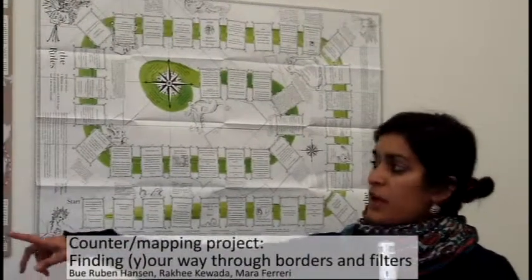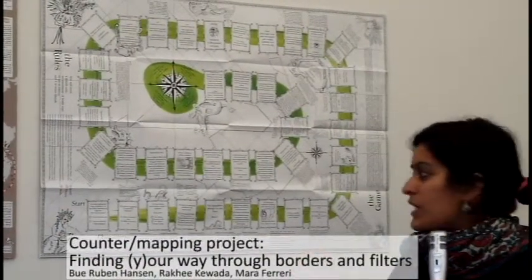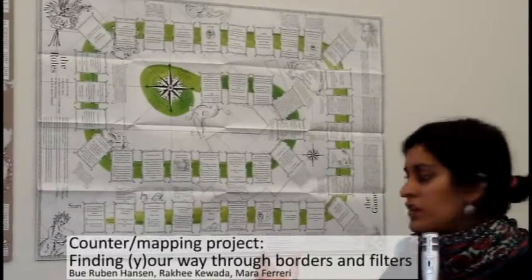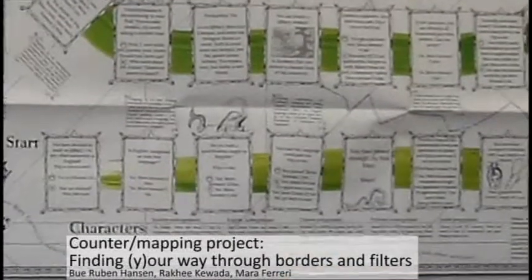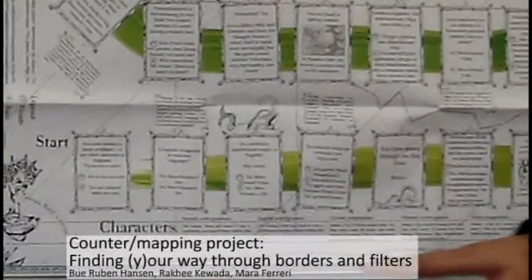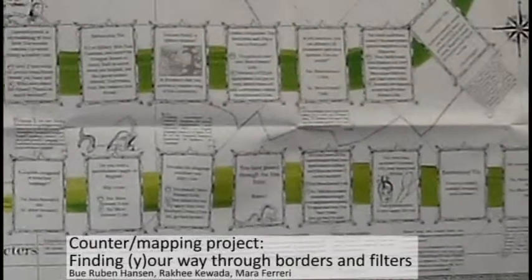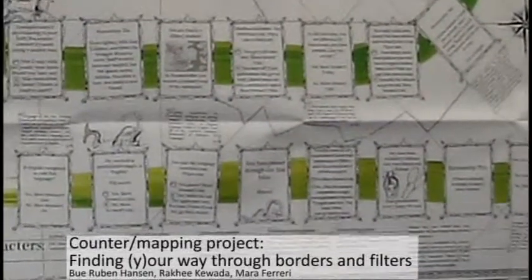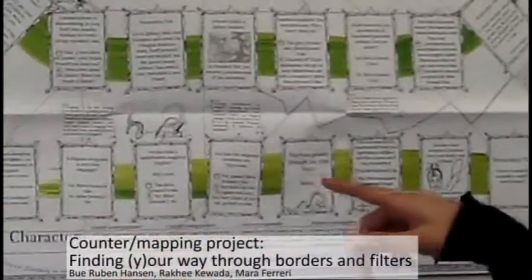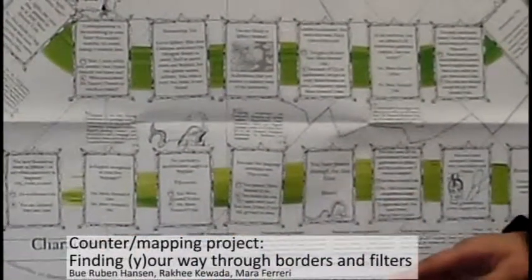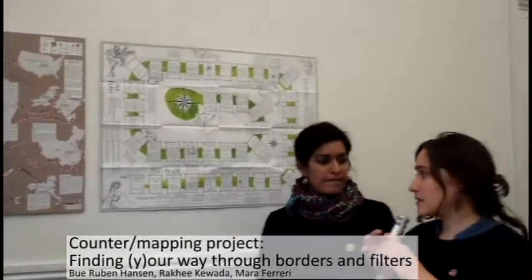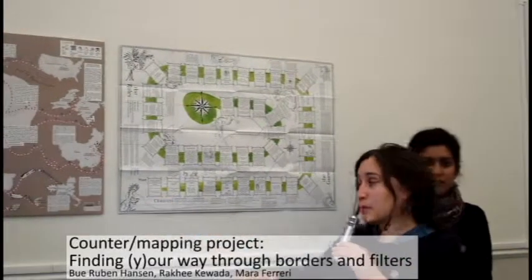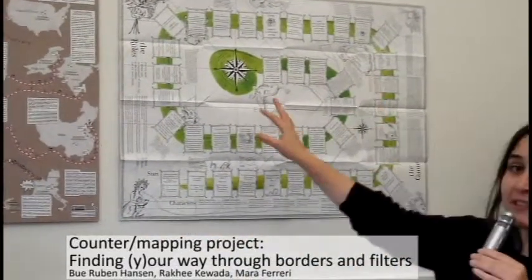So, just as the map is a counter map, the game is also a counter game, and in a sense it's rigged because depending on the different character that you adopt to play the game, for example, a Scottish undergraduate, a Chinese postgraduate, an Italian postgraduate with a different visa status or scholarship status, you quickly realize that you're quite disadvantaged or privileged.